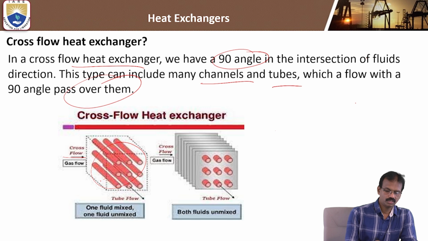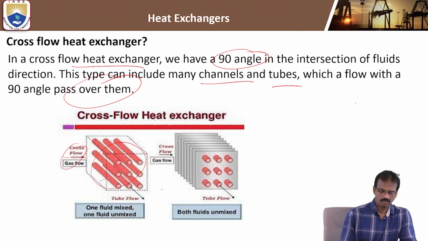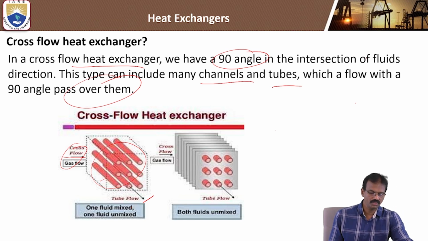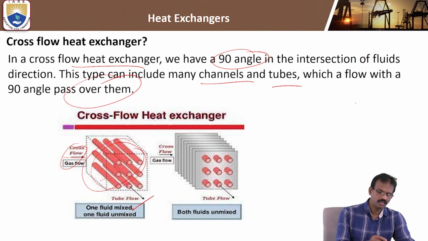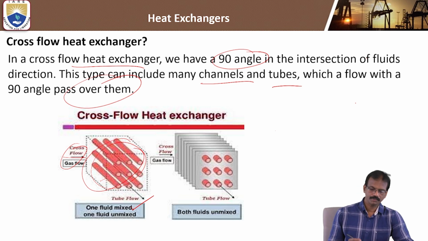So this is the gas flow, the mixed fluid, and through the pipes the different fluids are not mixed with each other. So this condition is nothing but one mixed fluid and one unmixed fluid.